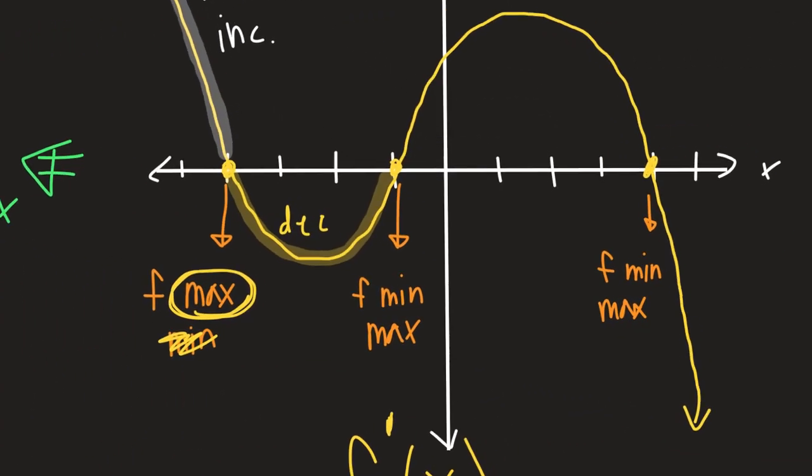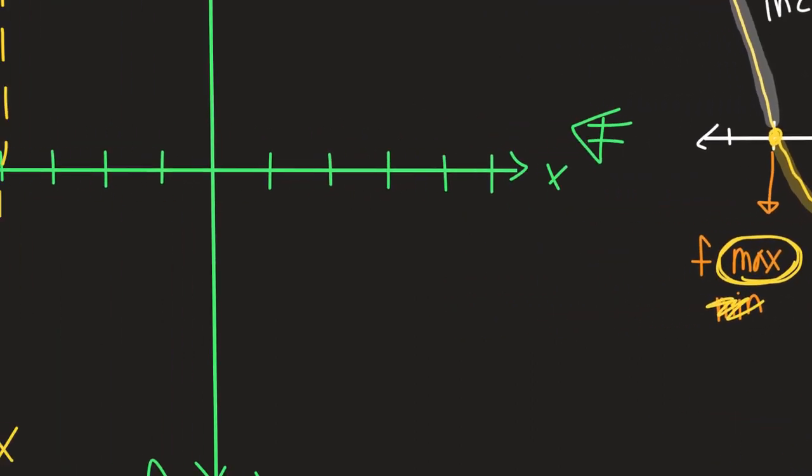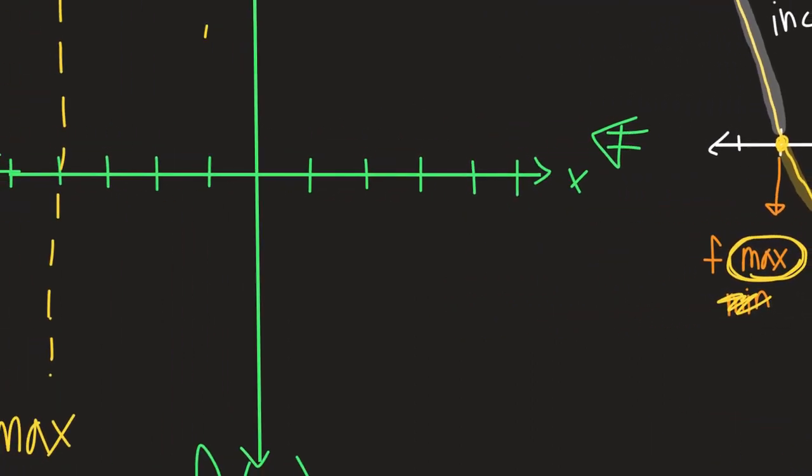Then our next zero, if our y values go from decreasing to increasing, that means this is going to be a minimum value. So at -1, our f graph is going to have a minimum.